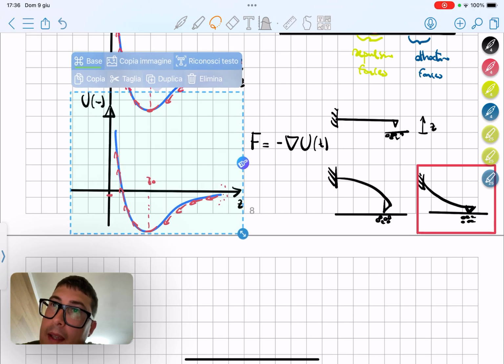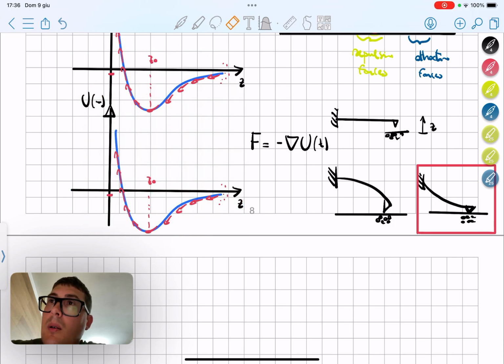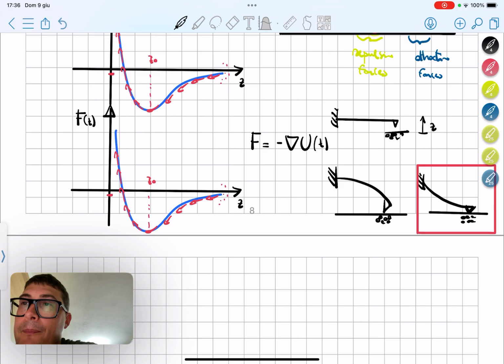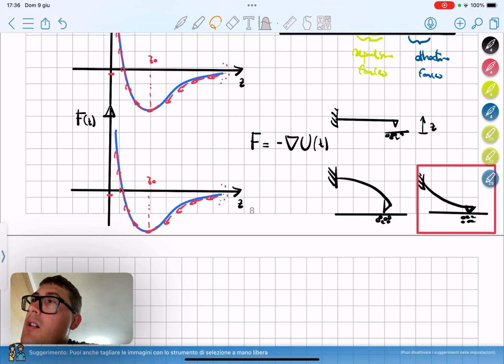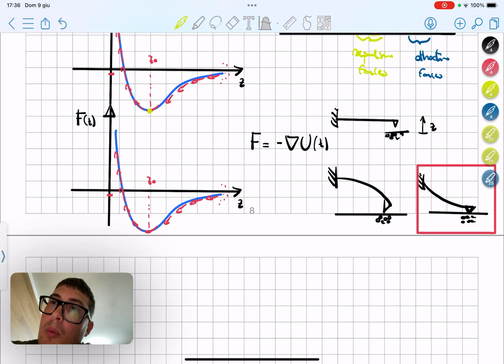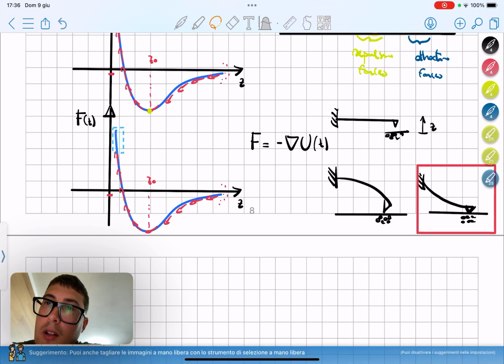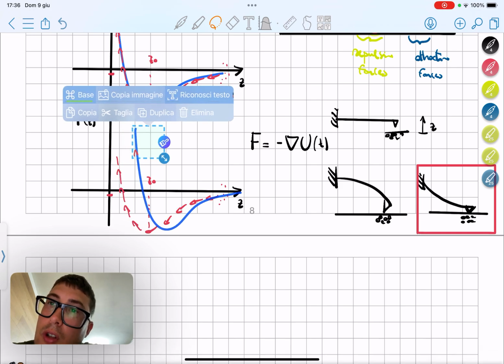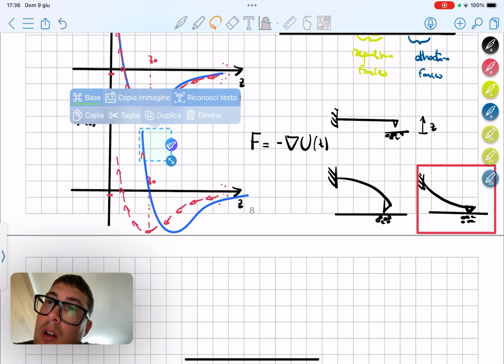We just need to plot the forces as a function of the distance, okay? I need to make some correction, because whenever we have a minimum here, we have a change in the derivative, so I will need to shift this this way.